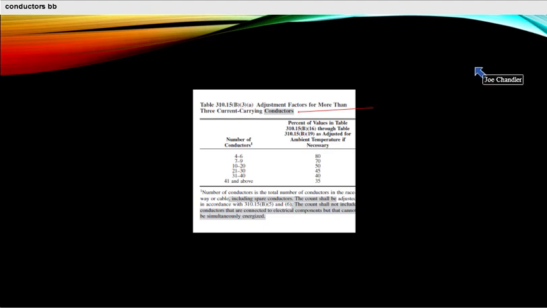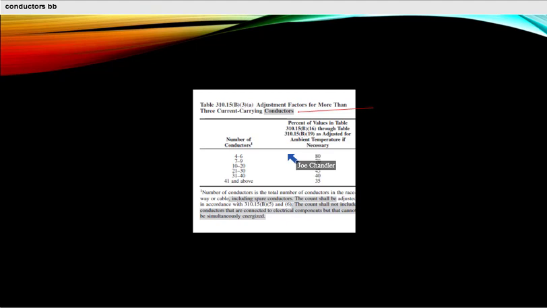Now this table, 310.15(B)(3)(a), is adjustment factors for more than 3 current carrying conductors. So whenever I'm inside of a raceway or a cable, and I have more than 3 conductors, what this is for is anytime I have a current carrying conductor, that conductor is generating heat.